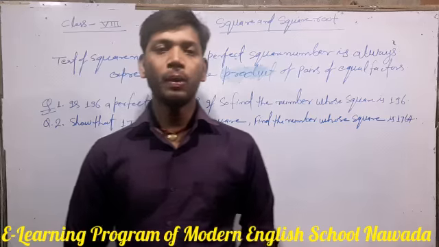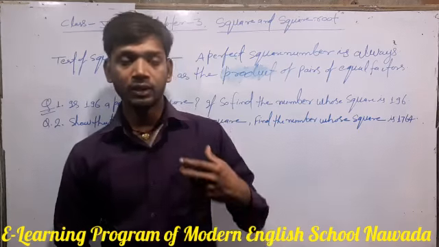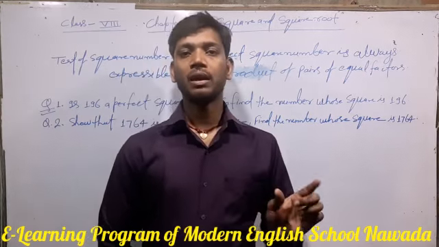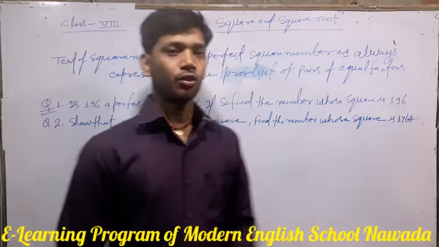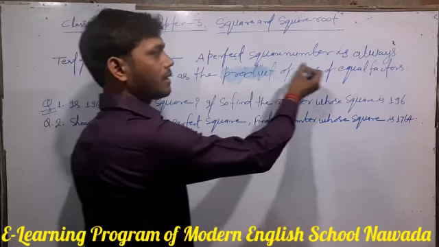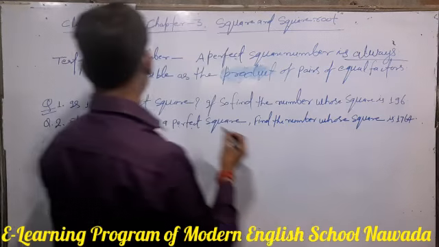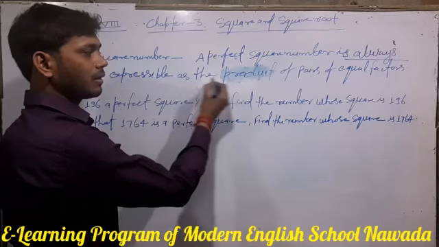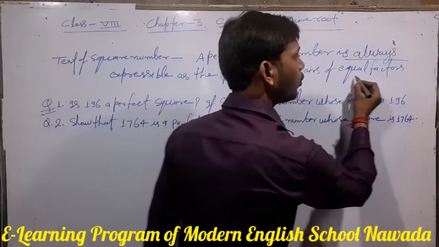So first of all, know how you will test whether a number is a perfect square. A perfect square number is always expressible as the product of pairs of equal factors.